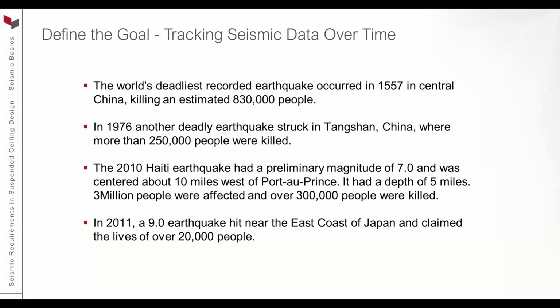And we can see that some very significant events have happened in 1557, one in China. And the devastation is destruction to the buildings and things like that, but the worst outcome is to the people, right? And so this is why we look back in time and go, okay, in 1976, we had an earthquake in China and 250,000 people were killed.